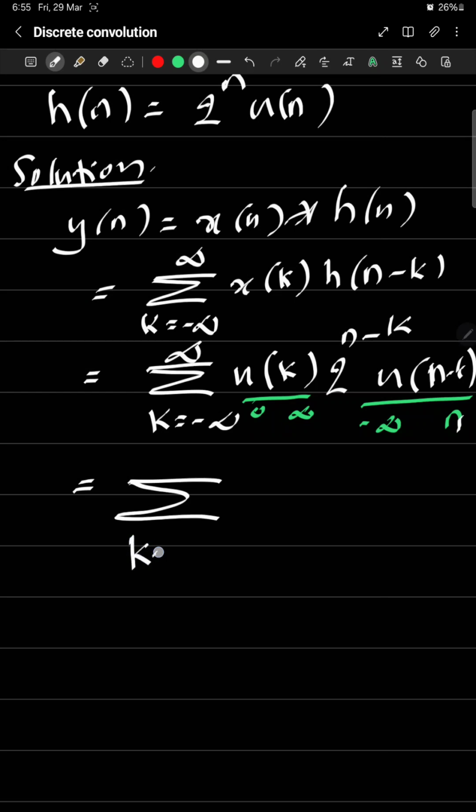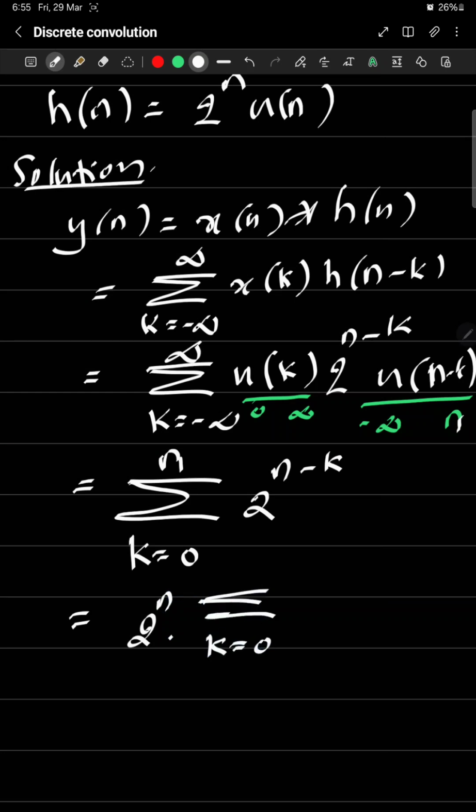So you will have the summation limit from 0 to n, and the amplitude of u of k will be 1 only. So 1 into 2 raised to n minus k will be the expression. Now let us simplify this. n is a constant, so let me take 2 raised to n outside, then sigma k equal to 0 to n of 2 raised to minus k.